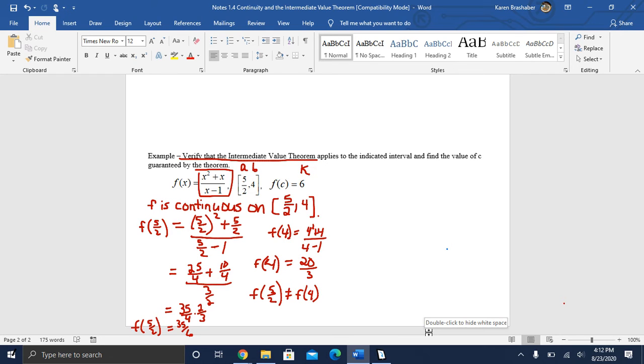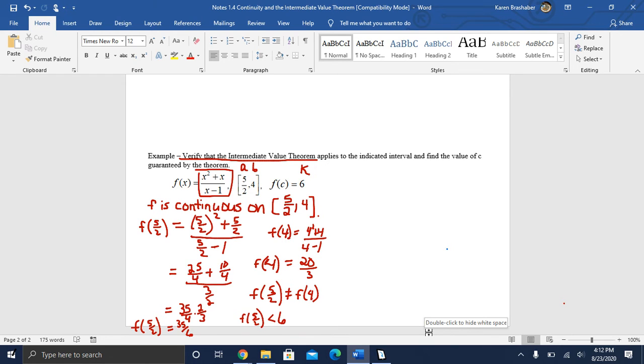So we have to know a little bit about our fractions. 35/6, that would be 5 and 5/6. So that's less than 6. So 35/6, that was f of 5/2, is less than our k value of 6.